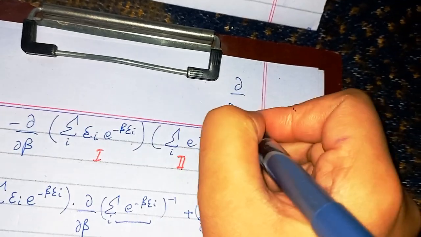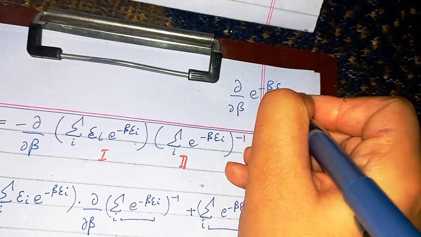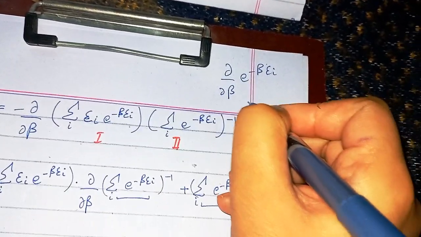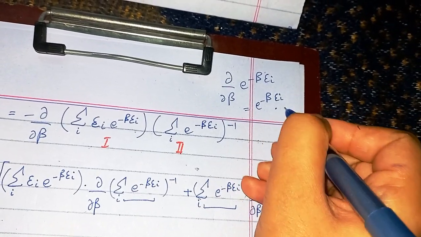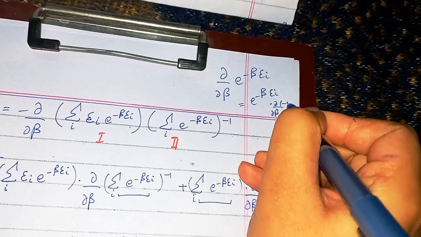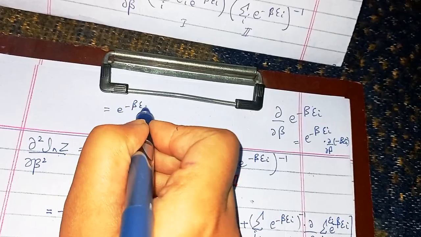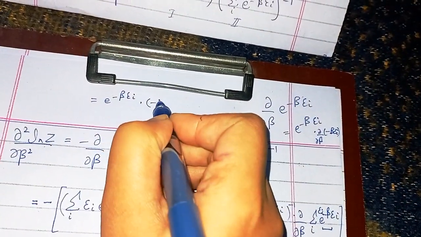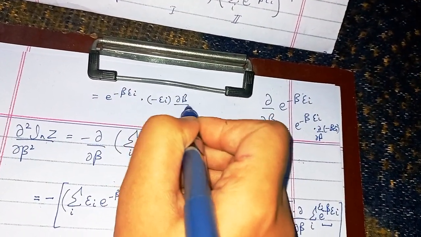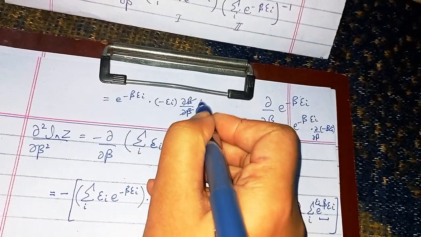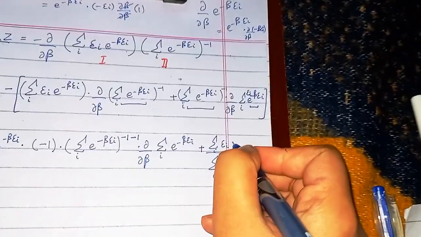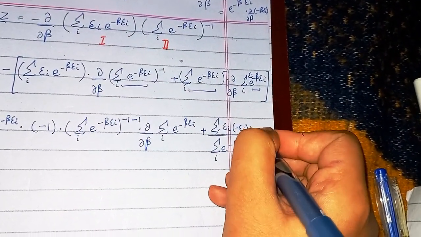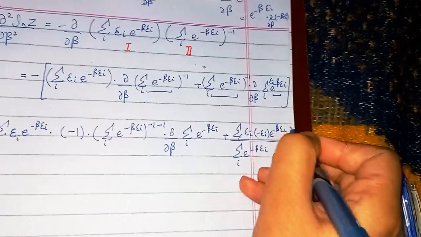And we know the partial by partial beta of e to the power minus beta ei simply equals e to the power minus beta ei dot the derivative of its power, which is minus beta ei. The negative ei will come outside, and partial beta by beta is 1, so we are left with minus ei into e to the power minus beta ei. So the derivative is minus ei into e to the power minus beta ei.